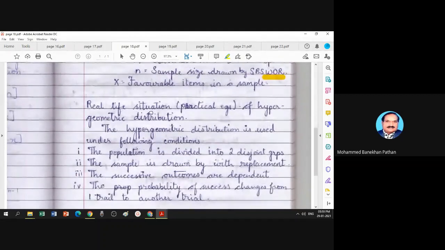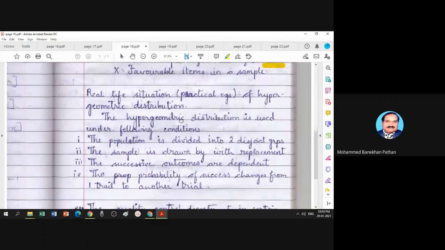Real life situations, you can say practical examples of hypergeometric distribution. The hypergeometric distribution is used under the following conditions. For each and every distribution, there are certain conditions.